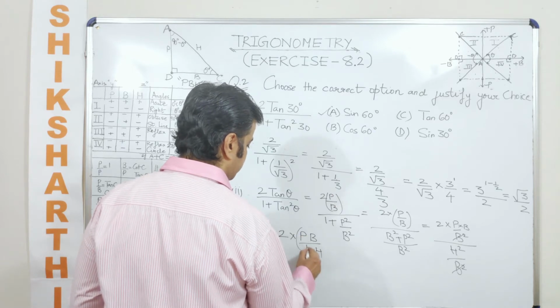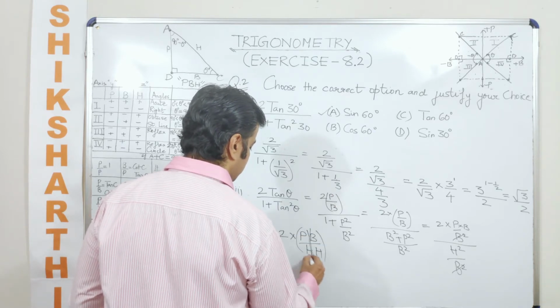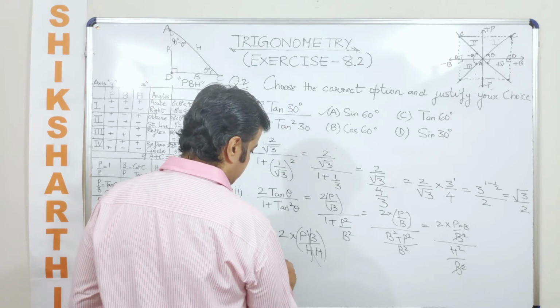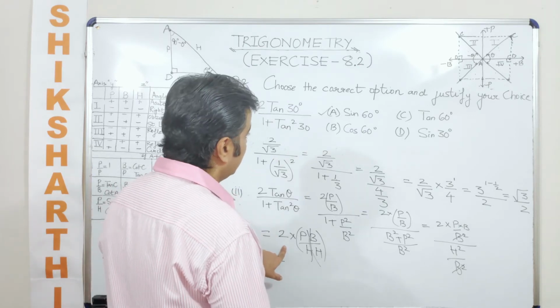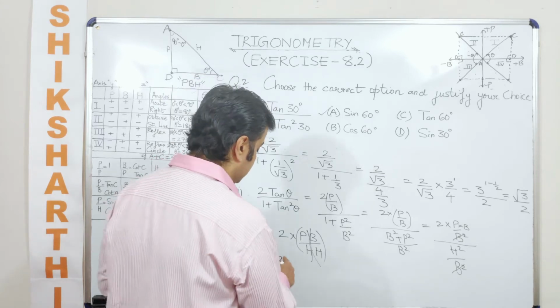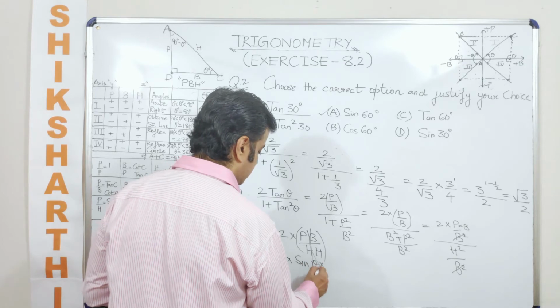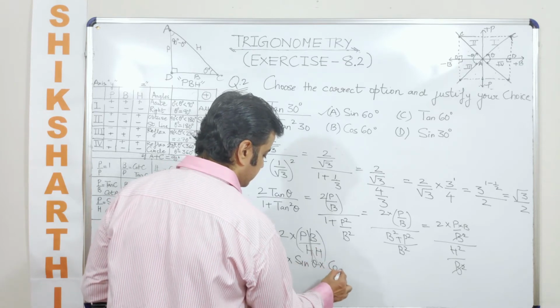This can be written as p by h into b by h. So how much is this? If I take a triangle, I can say that this becomes 2 into sine theta into cos theta.